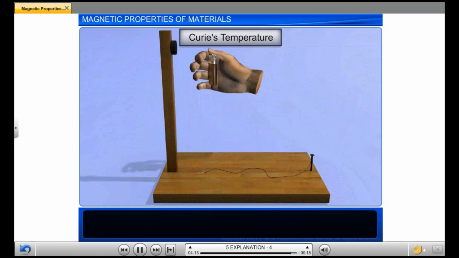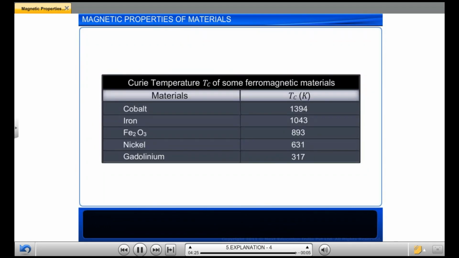The magnetic susceptibility above Curie's temperature, which is in the paramagnetic phase, is given as chi = C/(T - Tc). This table lists out Curie's temperature of some ferromagnetic materials.